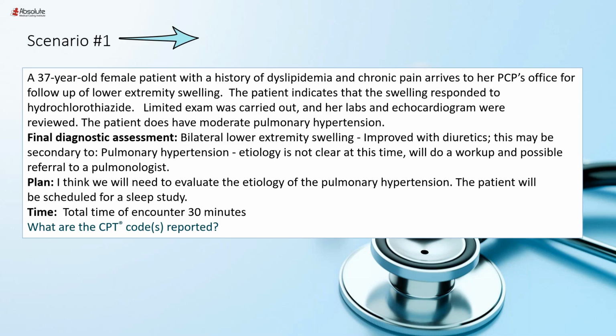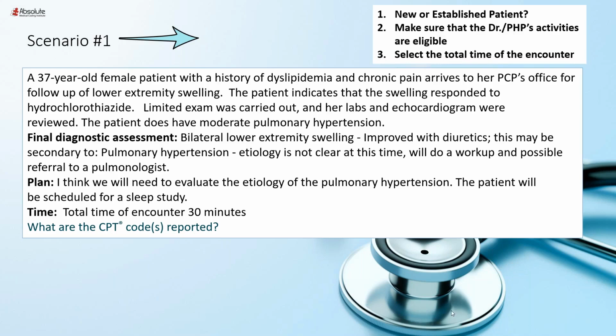This may be secondary to pulmonary hypertension. Etiology is not clear at this time. We'll do a workup and possible referral to a pulmonologist. Plan: I think we will need to evaluate the etiology of the pulmonary hypertension. The patient will be scheduled for a sleep study. Total time of encounter, 30 minutes. What are the CPT code or codes reported? All right, you have 1 minute to solve. Your time begins now.